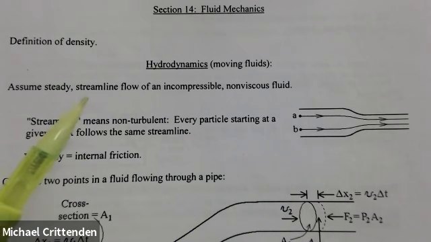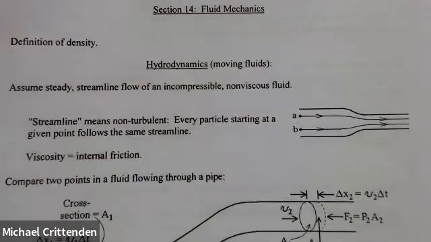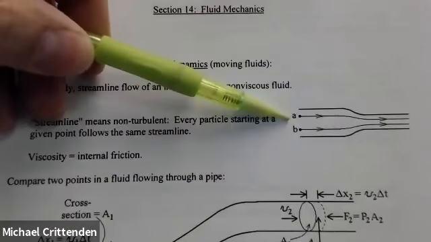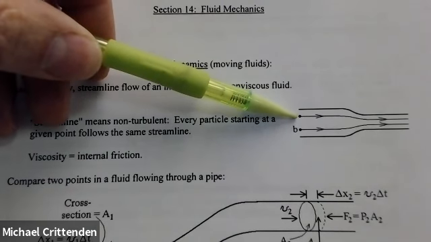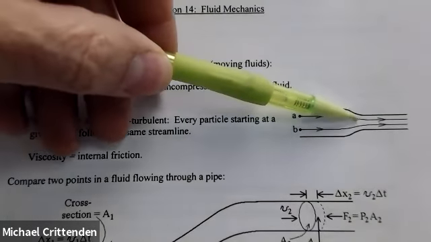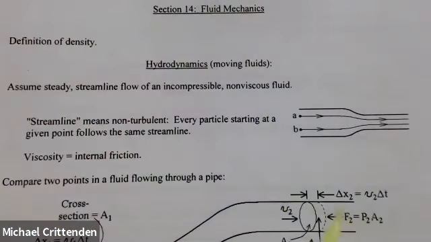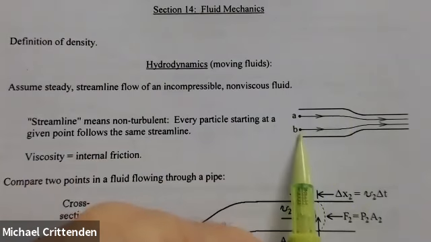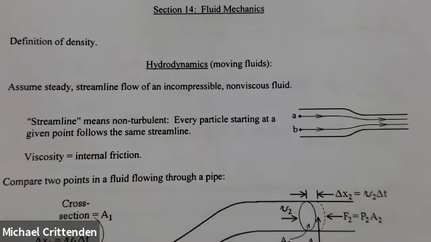And if you have streamlined flow, that means, like if it's water flowing through this pipe, every particle of water that flows through point A continues downstream along this same streamline that I've drawn here. And every particle of water that passes through point B goes on to follow this streamline, and so on.